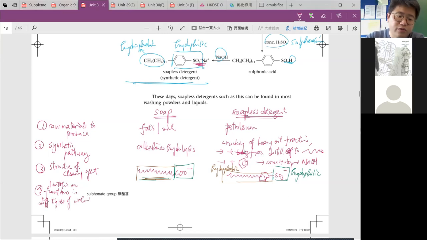Especially on different types of water, soap cannot work well in what? Works well in salt water, but your turn. Anyone who can, you can tell.